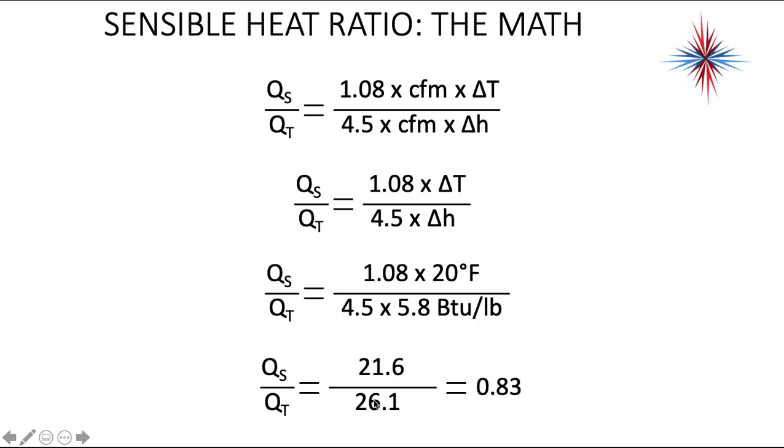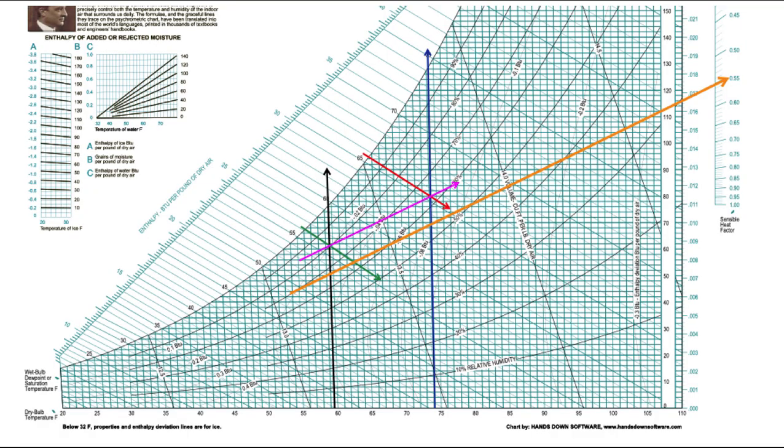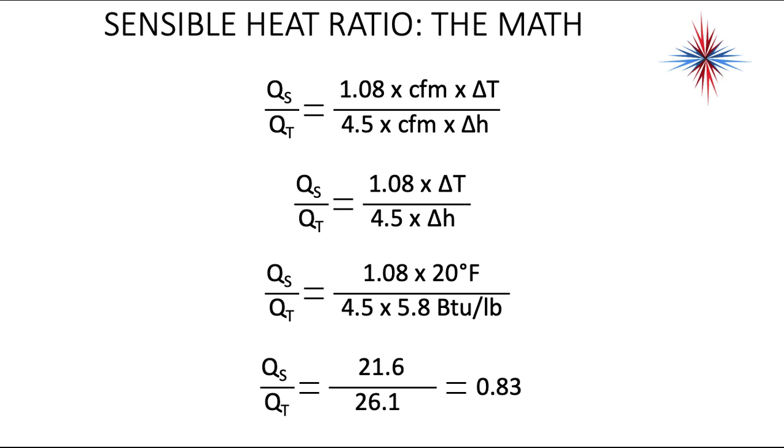We calculate those numbers out. We have 21.6 over 26.1, and we come up with 0.83. Now, I don't know about you, but going through this or going through this, which is easier? I think the plotting is a lot easier than the math, personally.